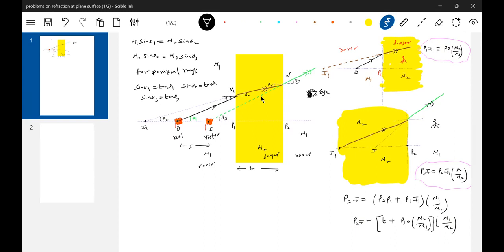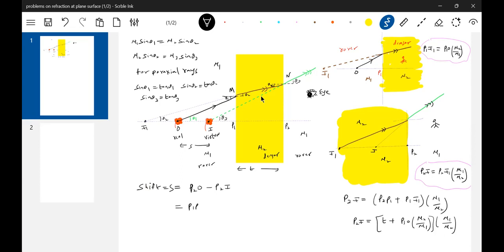Let me go for the next part of the calculation, the shift S. S is equal to P2O minus P2I.